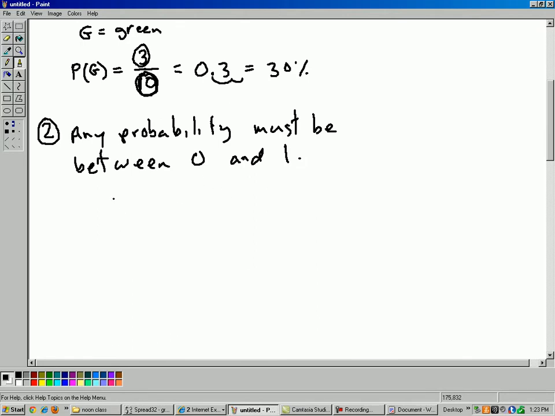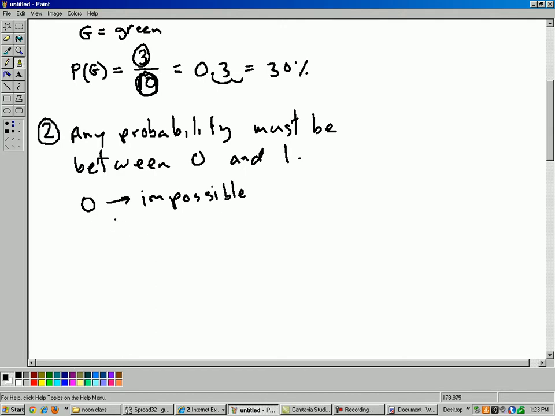Now, by the way, if you calculate some probability and you get a 0, 0 just means the event is impossible. For example, what is the probability of a purple elephant with yellow stripes crashing through the ceiling of this room right now?